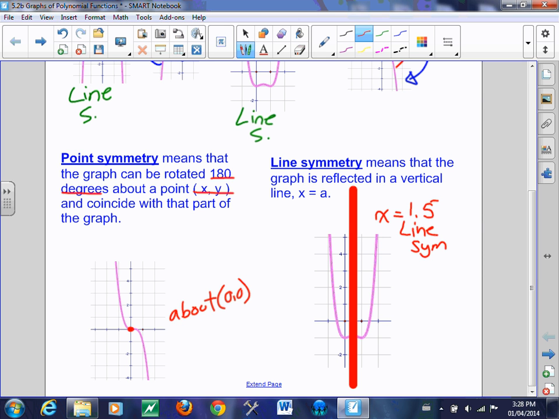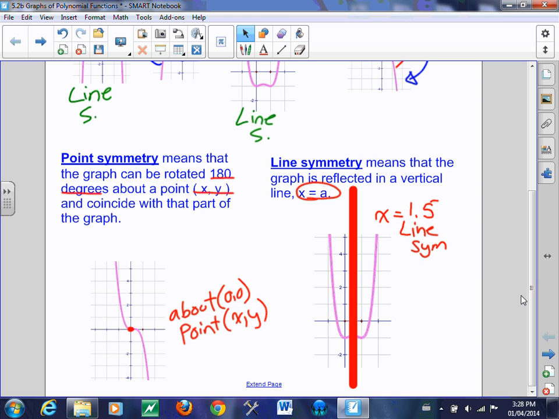Line symmetry means the graph is reflected in a vertical line where x equals a. And when we look at point symmetry, hopefully you can identify that point. Sometimes it's difficult, based on the point (x, y).